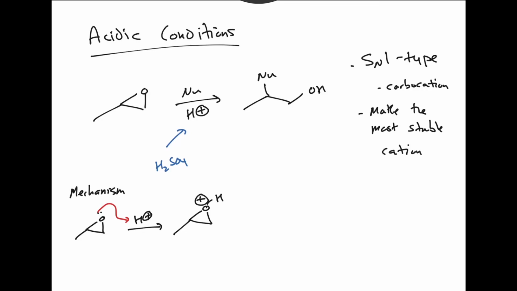So do you remember ring strain and angle strain from organic one? An sp3 hybridized carbon has a bond angle of 109.5 degrees. If we think about a cyclopropane, which is the carbon analog of an epoxide, effectively it's an equilateral triangle, and geometry says your angles need to be 60 degrees.